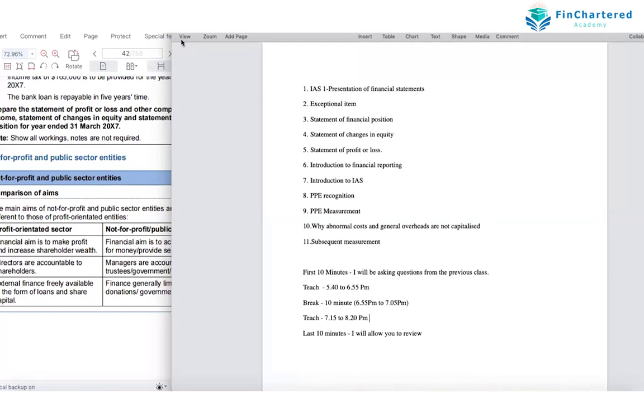Now, again, for those of you who did not attend the demo, for those of you who don't know me, my name is Shaz Faruqi. Okay. And I've been teaching for almost a decade now, right? And I've taught all the batches, all the papers, right? And here the agenda is that you can attend classes live.